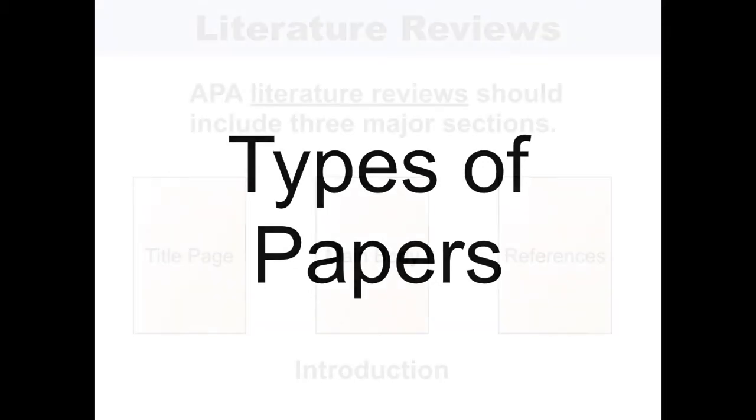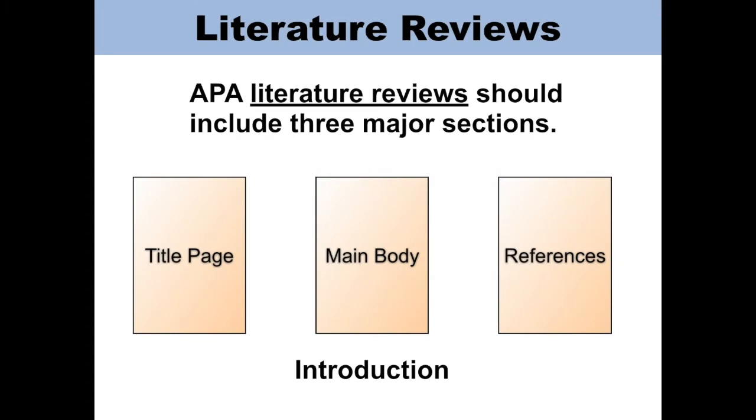Let's examine a few of the different types of papers that you might see in an APA format. First, we have the literature review. A literature review simply reviews literature. So you're summarizing a number of pieces of literature. The literature review is actually an introduction for a research paper.